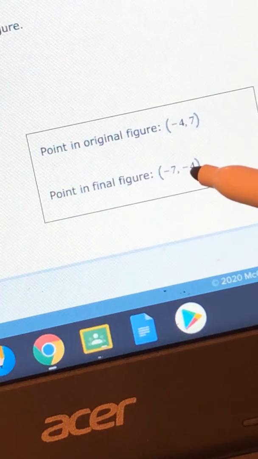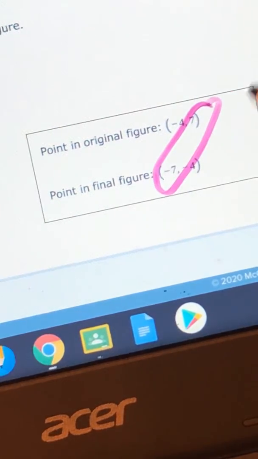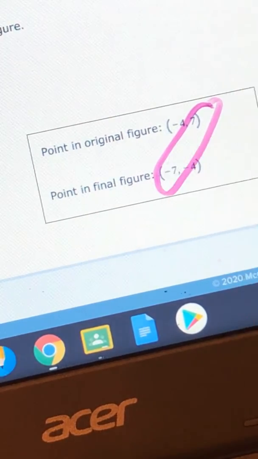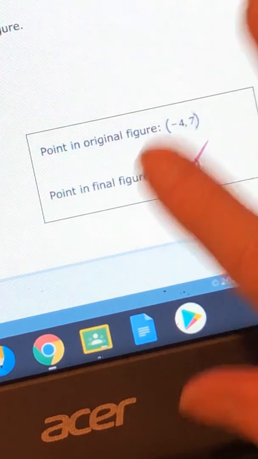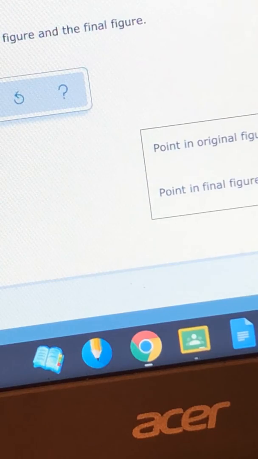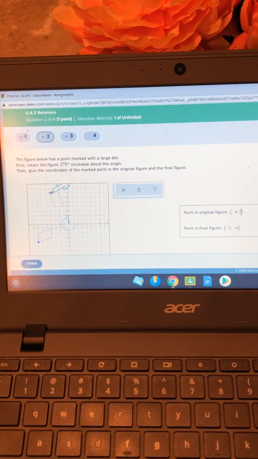The -4 and -4, the X got to stay the same, but the Y, we change to the opposite. So there is a pattern, all right? You flip the numbers, and then depending on how many turns that you make clockwise or counterclockwise, you change the sign of either the X or the Y.